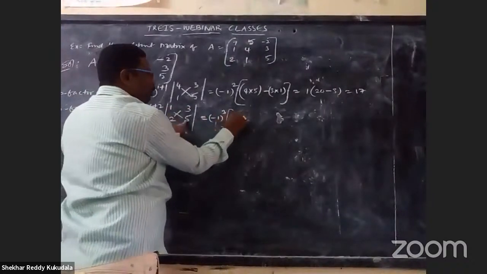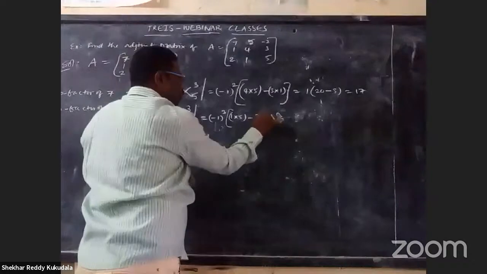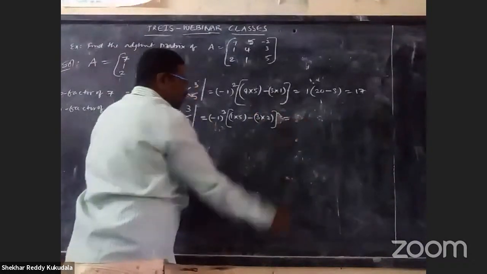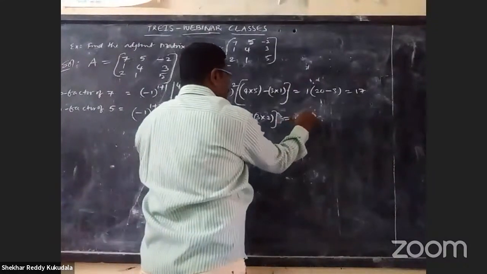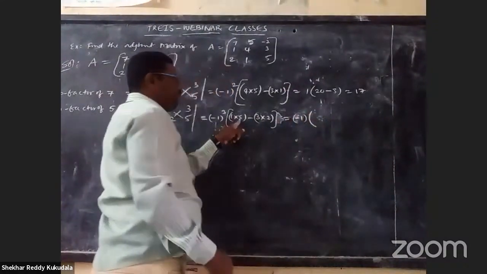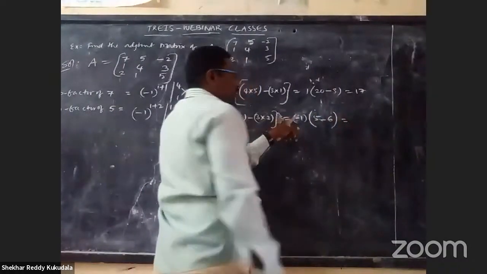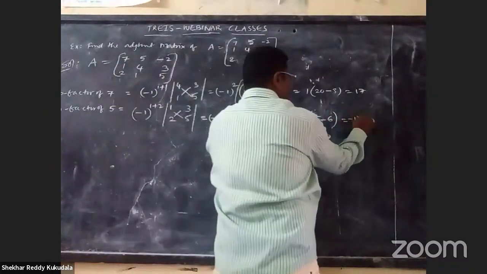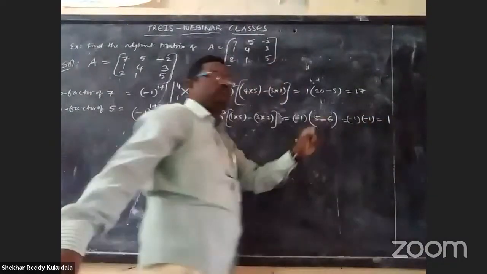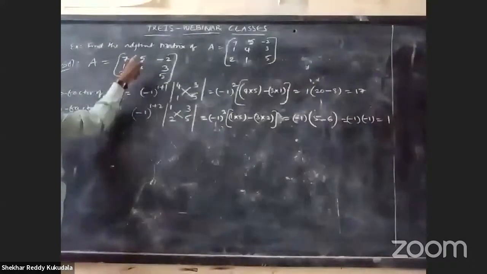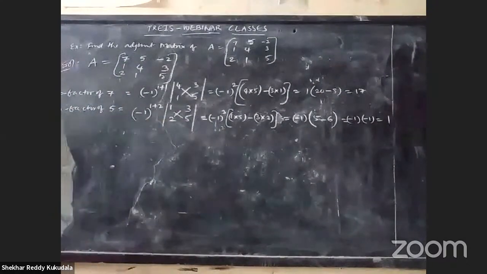We do 1 into 5 minus 3 into 2, which is equal to minus 1 whole cube is minus 1, into 1 5 is 5 minus 3 2s is 6. Minus 1 into again 5 minus 6 is minus 1, which is equal to 1. So for 5 also we found the cofactor.